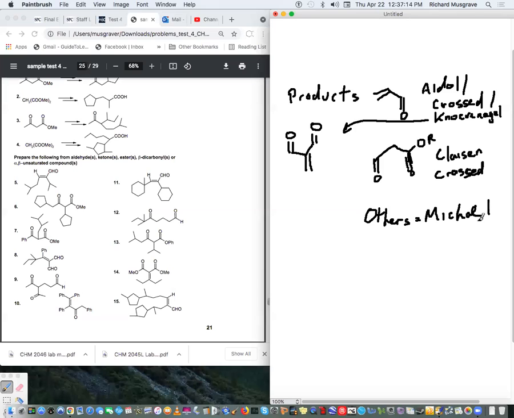They're all aldols or crossed aldols, and as a subset of those, the Knoevenagels, which do follow again the same pattern. Knoevenagels will be 8 and 14. Does that answer your question, Julie?